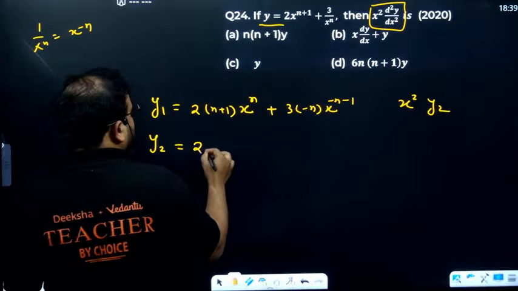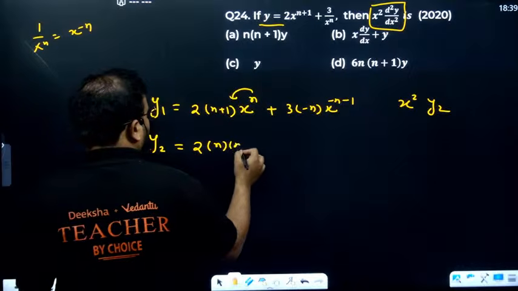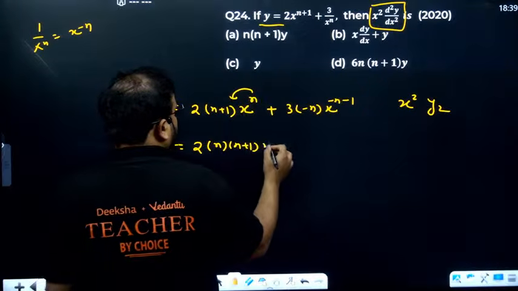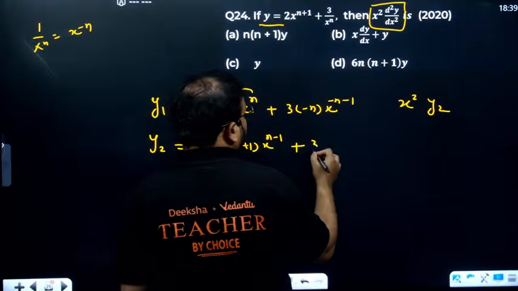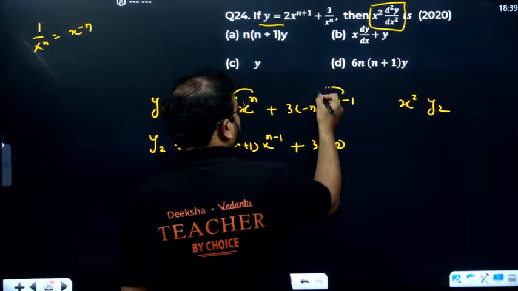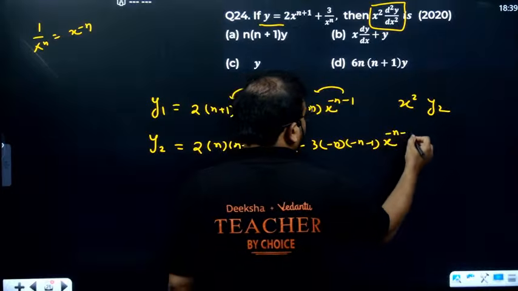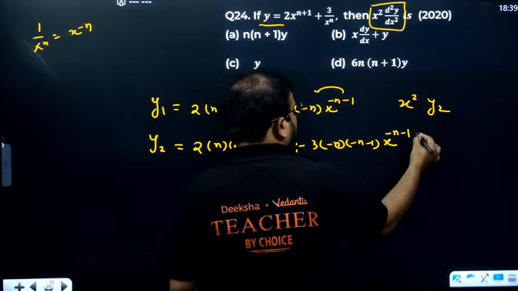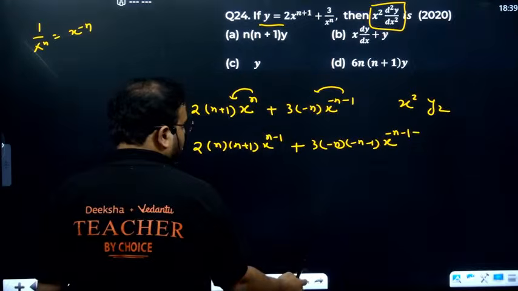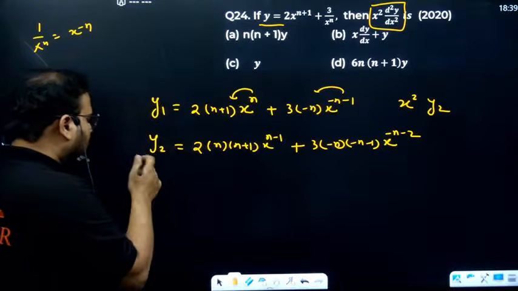You'll have 2 times of, this will again come back. So you'll have n times of n plus 1 and x power n minus 1. Over here, back with the same thing. Minus n as it is, this will also come in front. Minus n minus 1, x power minus n minus 2. Because you'll have minus n minus 1 minus 1. That becomes what? Minus 2.